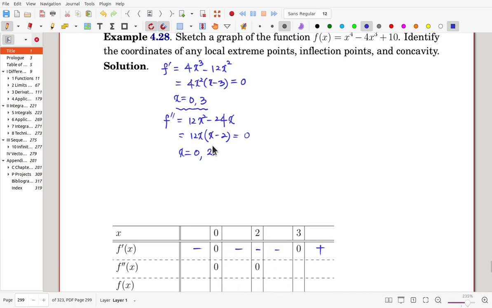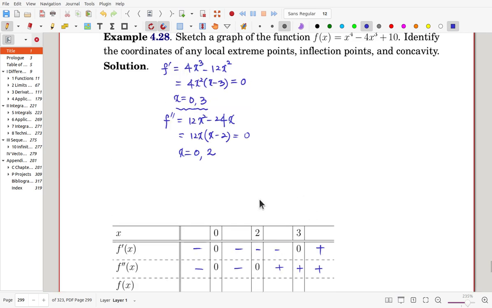If x is less than 2, then f double prime is negative, and at this moment it becomes 0, but again negative. If x is larger than 2, then it is positive.